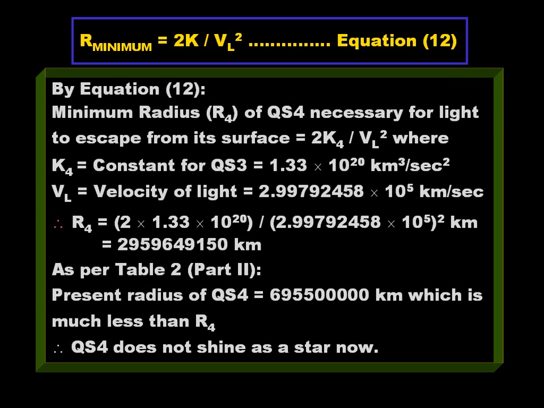Therefore, R4 is 2959649.150 km. As per table 2 in part 2, present radius of QS4 is 6955000 km, which is much less than R4. Therefore, QS4 does not shine as a star now.